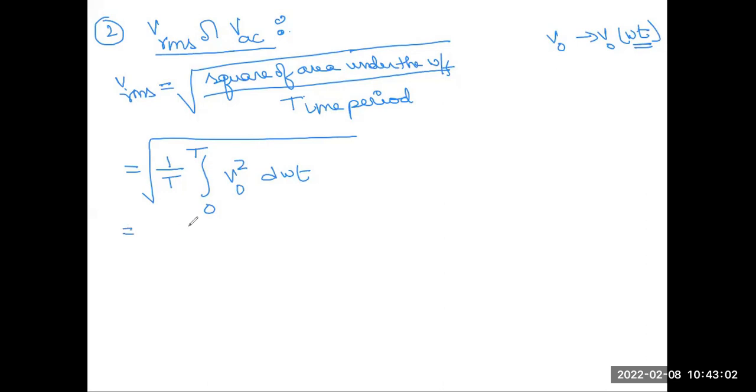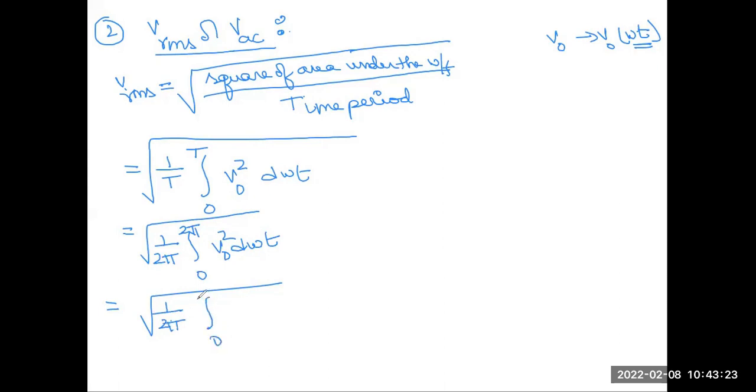Now what is time period T here? 2 pi. So that doesn't change. Square root of 1 by 2 pi integral 0 to 2 pi, then V naught square d omega t. Now what should be done? Substitution. Yes.